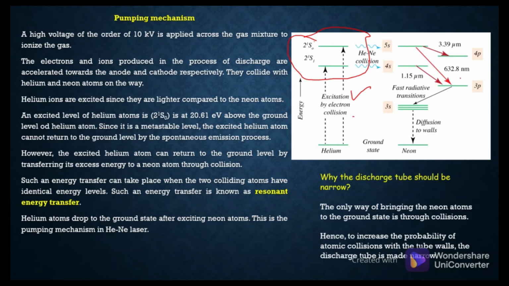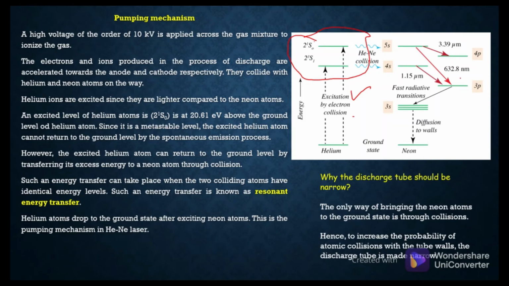Neon atoms are first not excited because of the ions and the electrons generated due to the electric discharge, because they are heavier. So these helium atoms have already got excited, but they cannot give out light radiation. They have to give this energy to neon atoms.